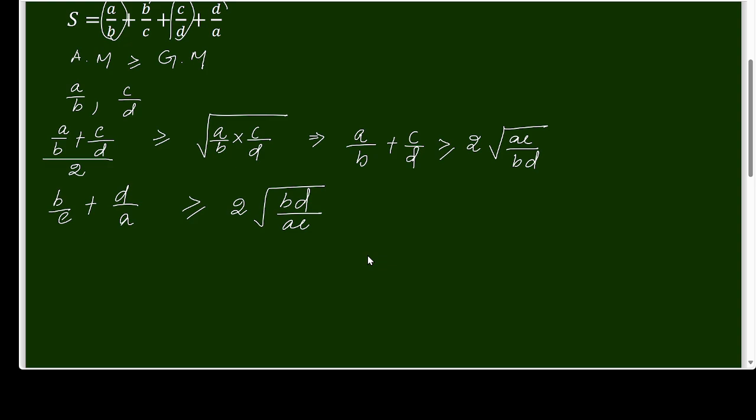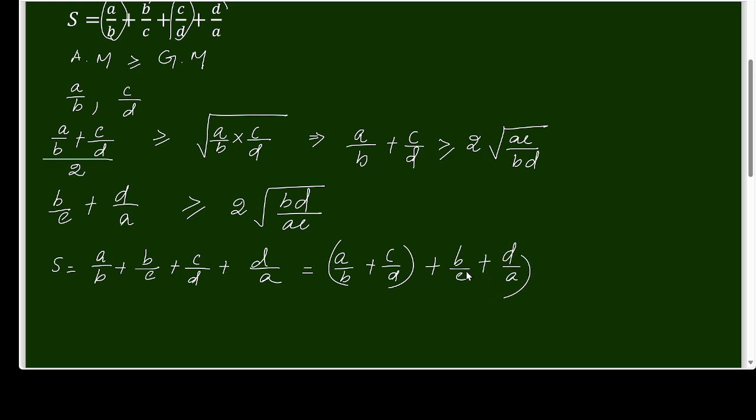Now we'll add these two, because S equals A by B plus B by C plus C by D plus D by A. This is the same as A by B plus C by D plus B by C plus D by A. This is greater than or equal to twice the square root of AC by BD plus twice the square root of BD by AC.